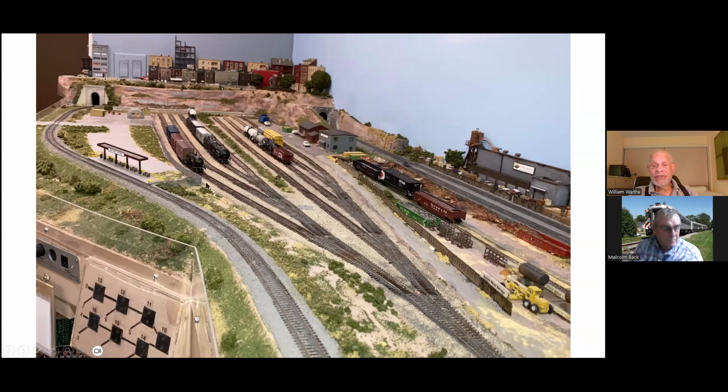And we go to the storage yard. This storage yard is very similar to the actual map that is used for the job sheets that engineers have for working on the Weston Sub. I learned this because we had a recent visitor who was a locomotive engineer on the Weston Sub, and he had some of his job sheets with him.